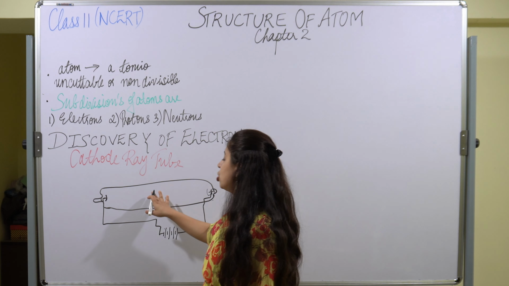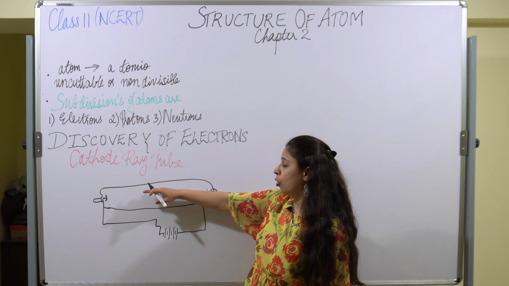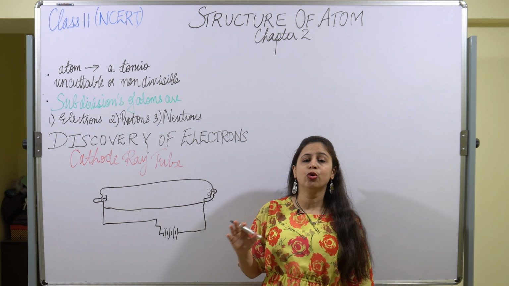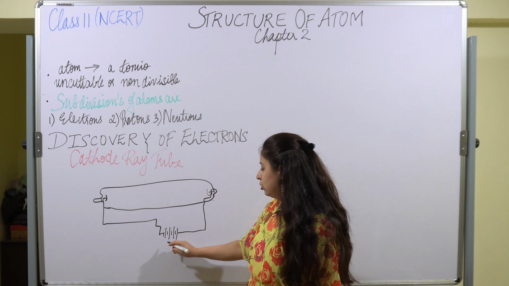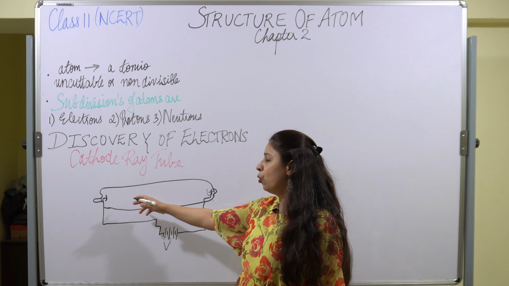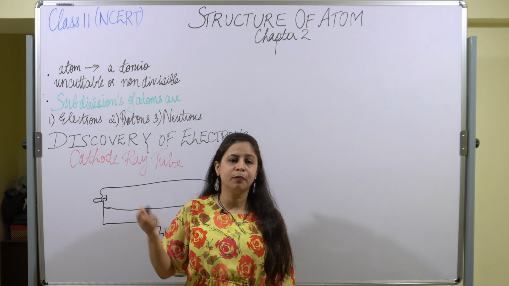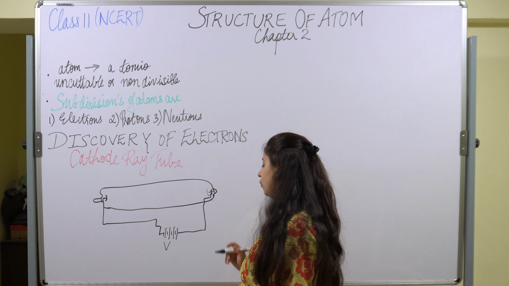Firstly, there was no low pressure in the tube. It was not a vacuum tube. As the voltage was connected, no set of particles were seen over here.